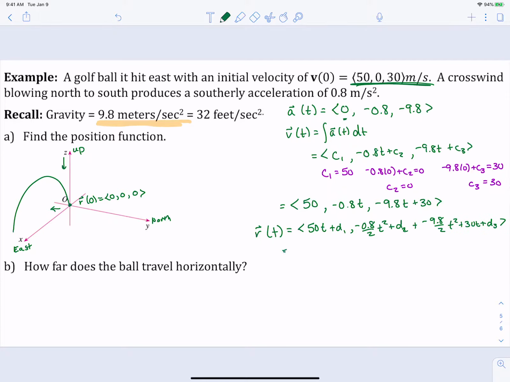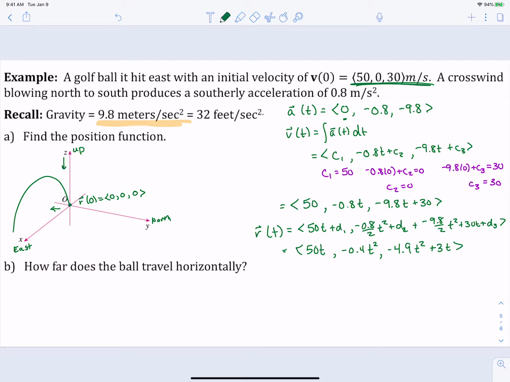I will save us on the constants here. I will let you make sure that I have everything right. But remember, our initial position is 0, 0, 0, so hopefully this makes sense of why all of these constants are 0. So here is our position function. That's going to tell us where this golf ball is at any given time.